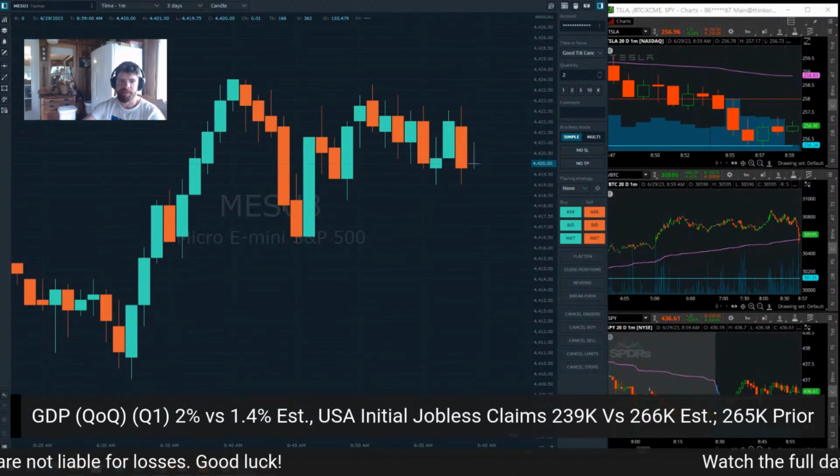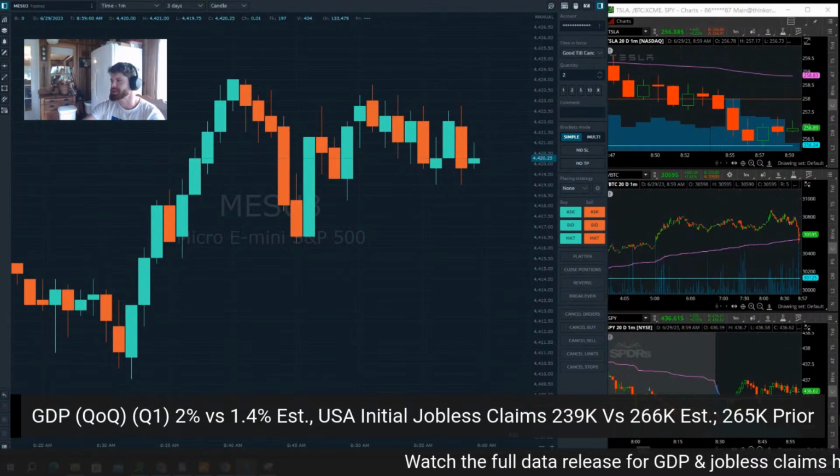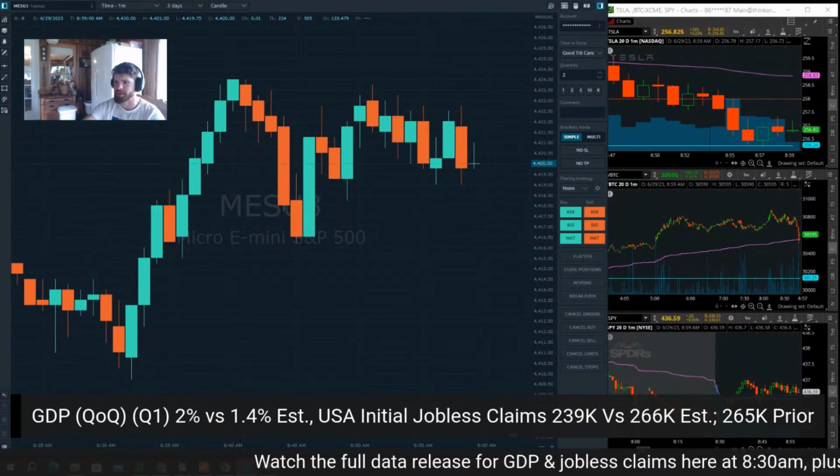All right, so again, choppy market, sideways market. Tesla testing that previous closing price. Tesla pulled right back to the previous close and just kind of sat there.